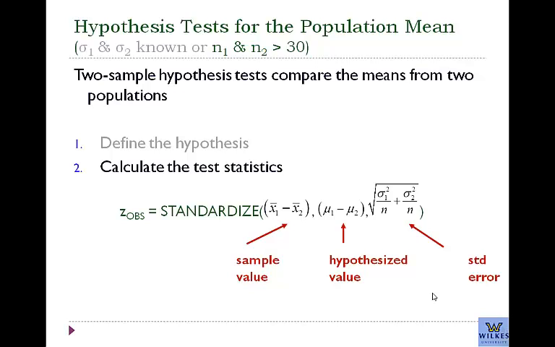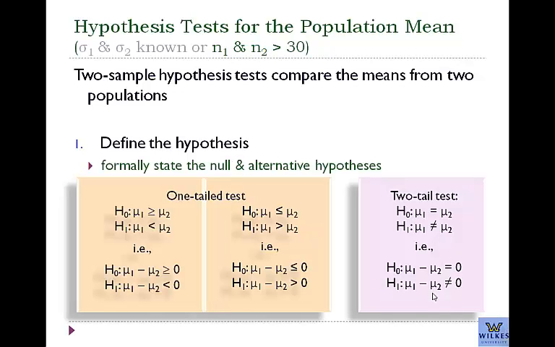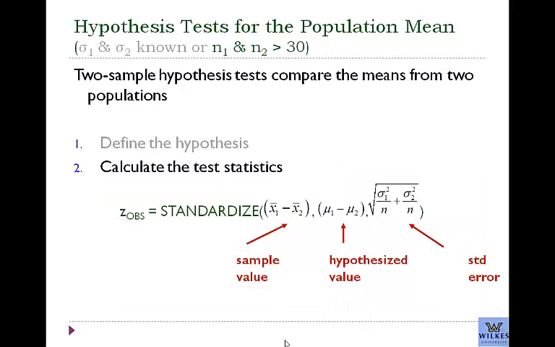If you go back to our hypothesis statement, you'll see that the hypothesized difference is actually 0. In the alternate version of the hypothesis statement, we compare the difference to 0, so we can see what difference we think is there. When we calculate that hypothesized value, we're just going to type in a 0.